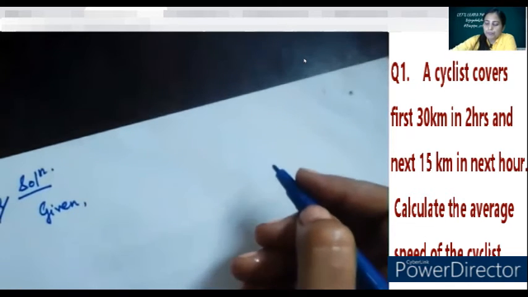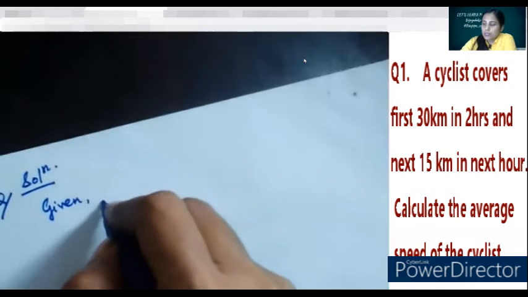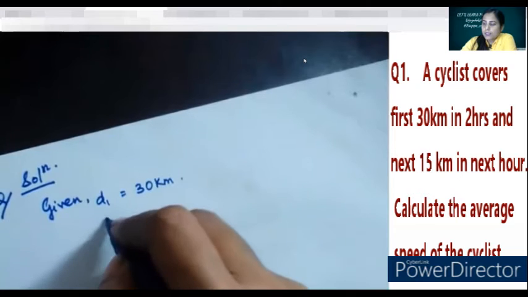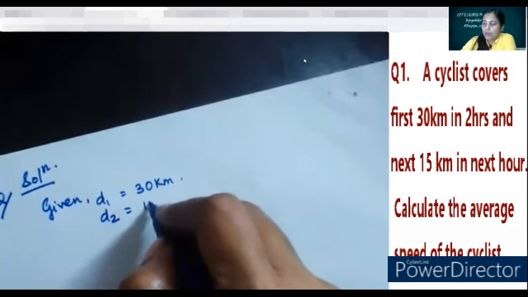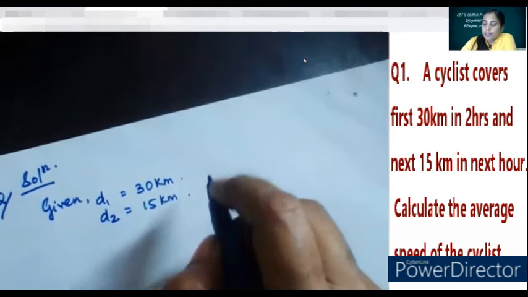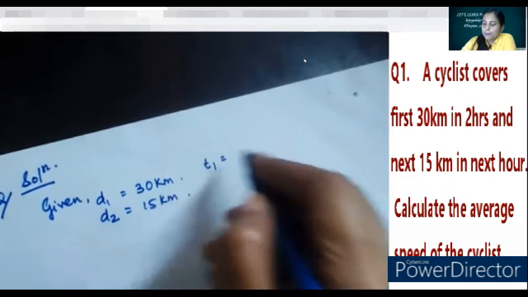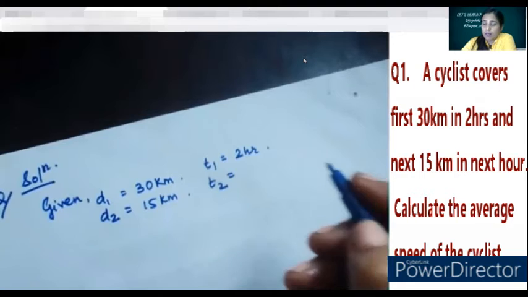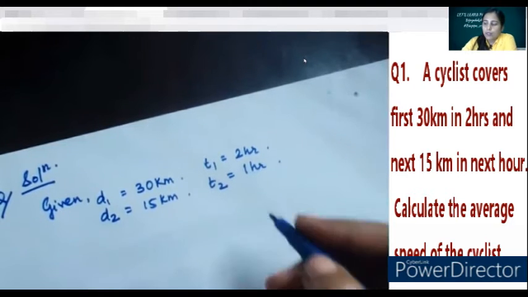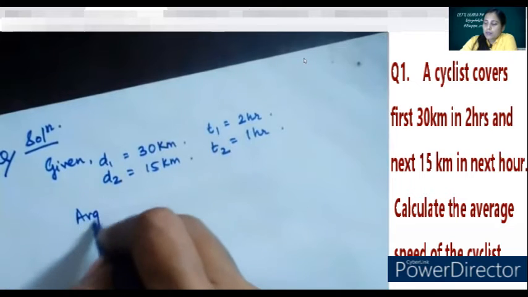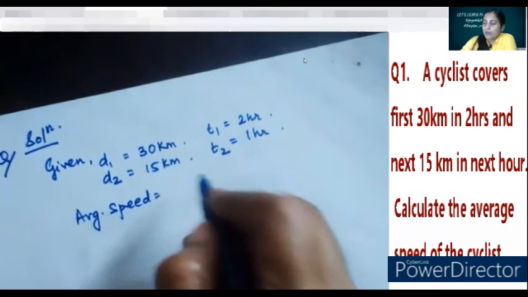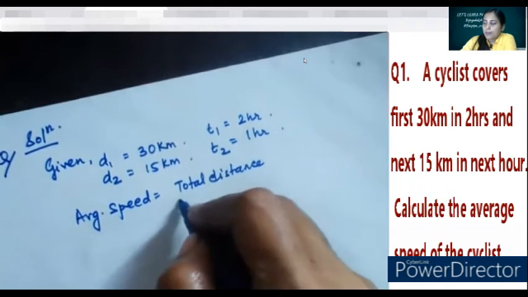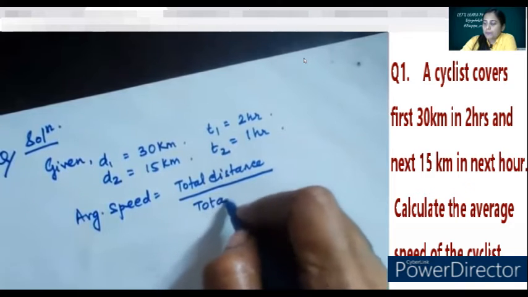Let us do what is given here. Given is, distance D1 is 30 kilometer and distance D2 is 15 kilometer, and time T1 is 2 hours, and time T2 is the next hour, that means 1 hour. So average speed is equal to total distance by total time.